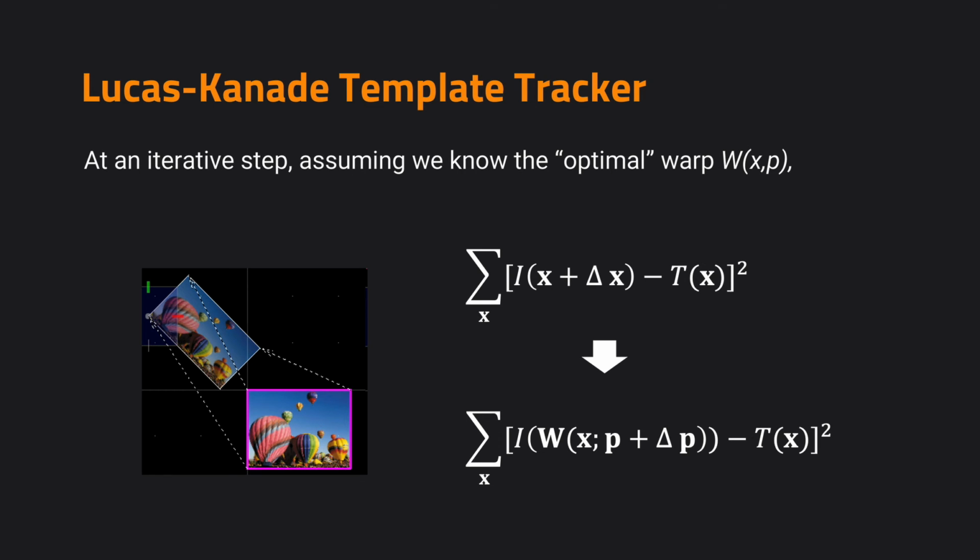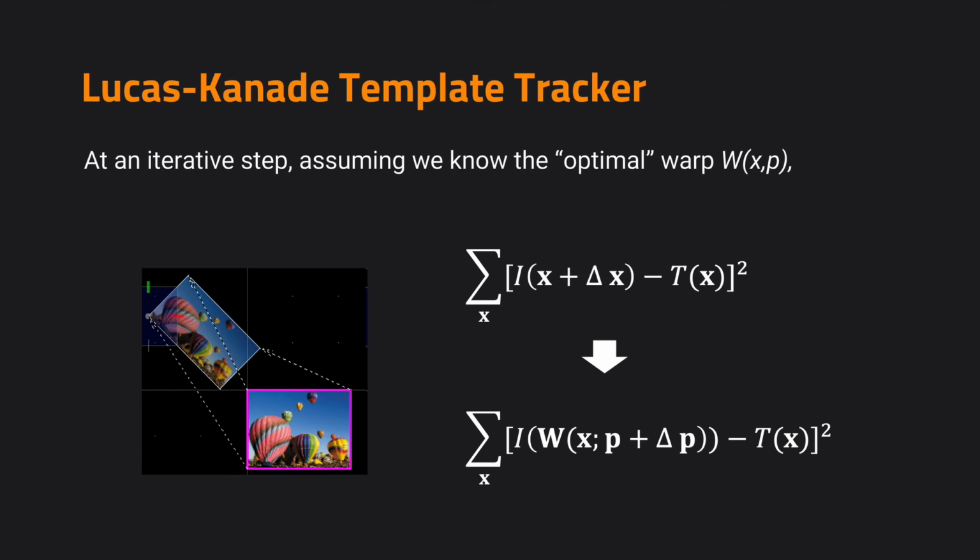First of all, we assume we know the optimal warping, the exact warping from source to the target image. In the original formulation, the translation of the pixels is a special case of the warping, and the warping can also be scaling, rotation, or some other perspective change.